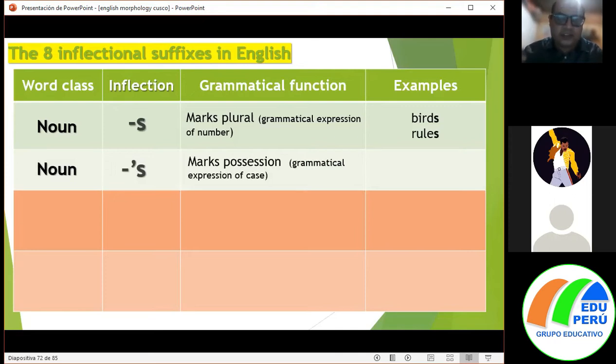Notice the meaning of this apostrophe S is possession, grammatical expression of case. So here we have James's, you write apostrophe S, but you pronounce Z. James's car, the car's tires.